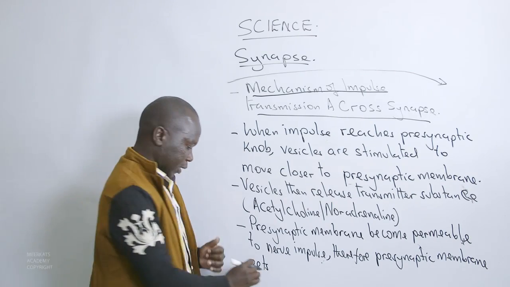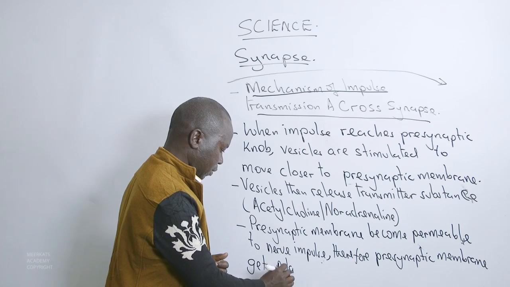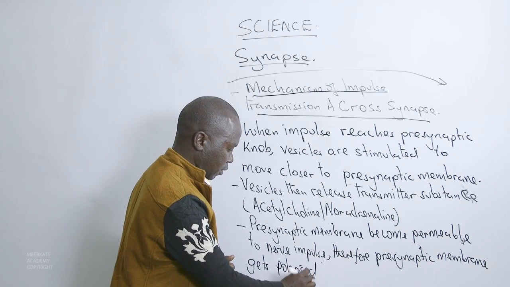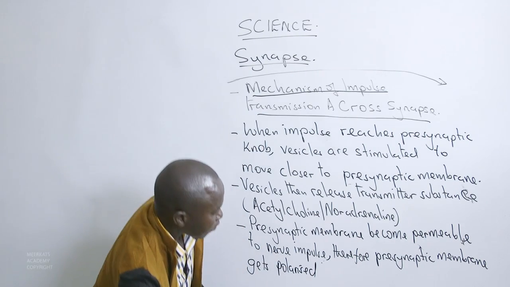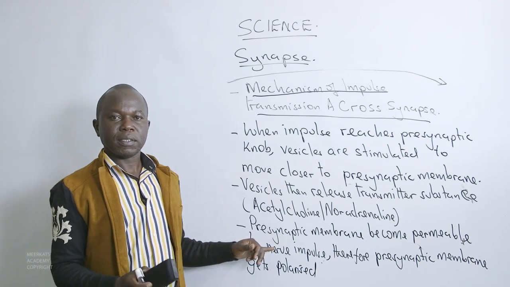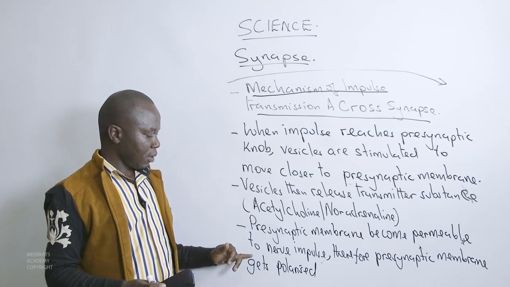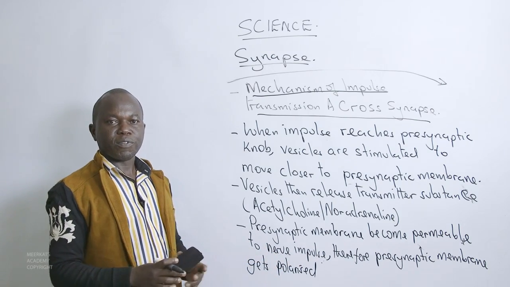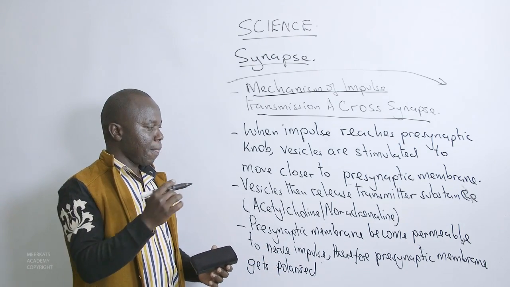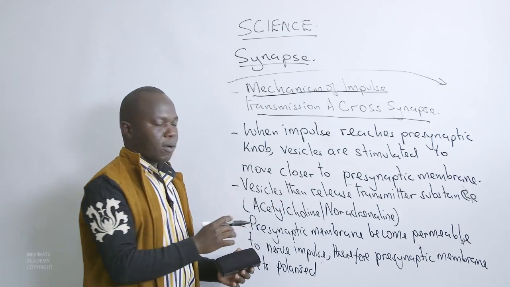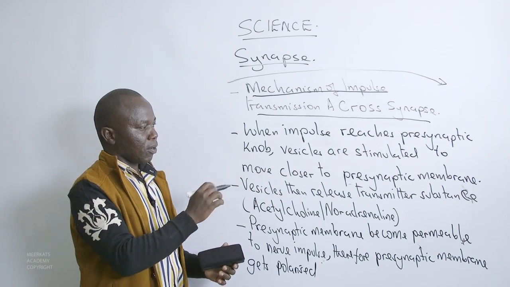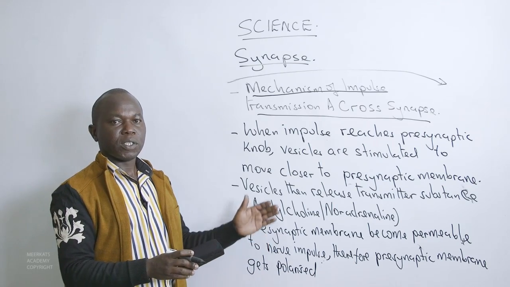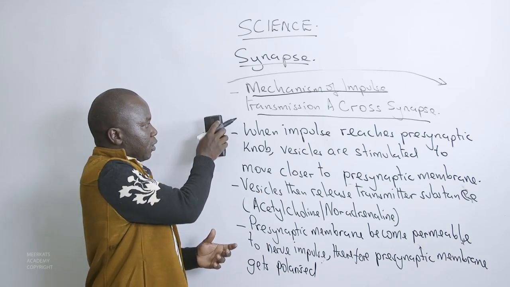So once the presynaptic membrane is polarized, it will allow the nerve impulse to flow from the presynaptic knob, or across the presynaptic membrane, into the cleft.